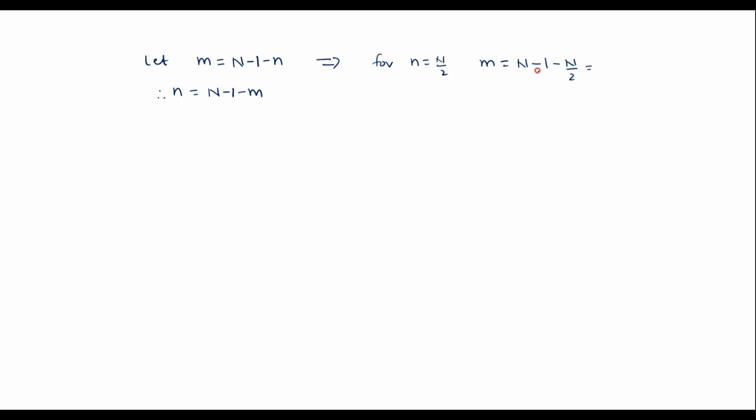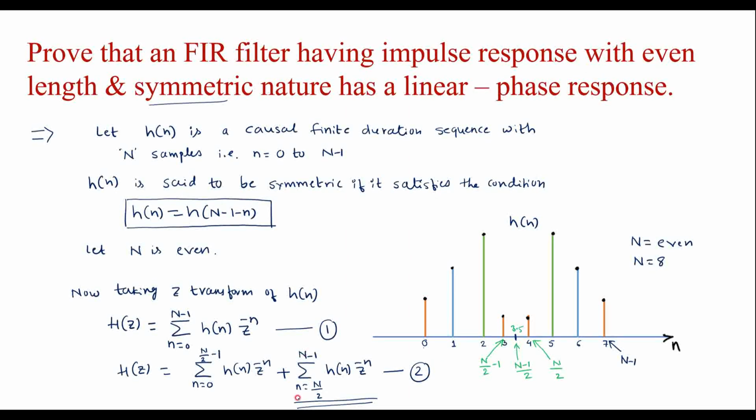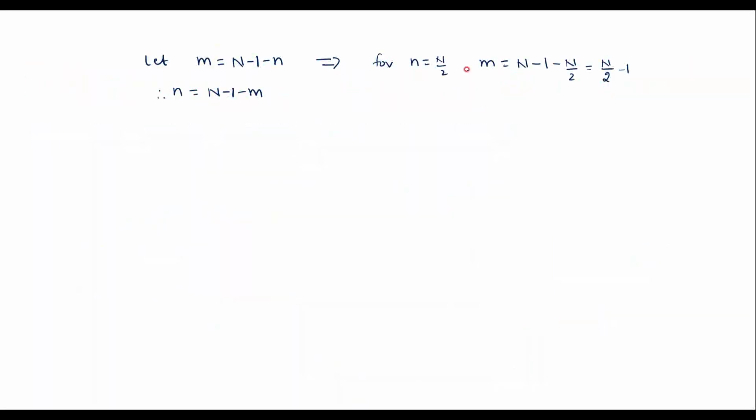In that case its value will become N minus N by 2, which is N by 2 minus 1. So similarly the upper limit, that is for n is equal to N minus 1, then m will be equal to N minus 1 minus n, which is N minus 1 minus N plus 1, which is equal to 0.